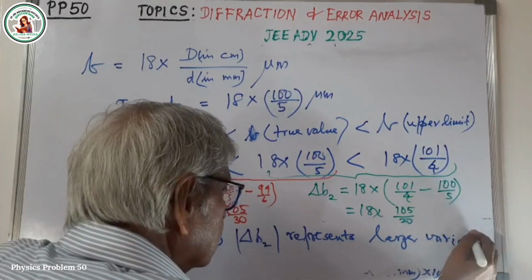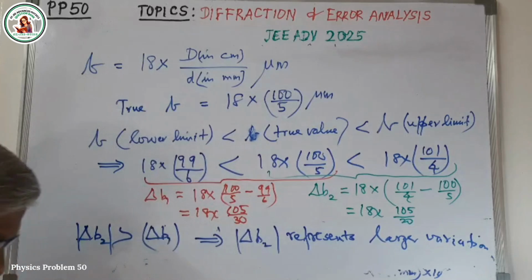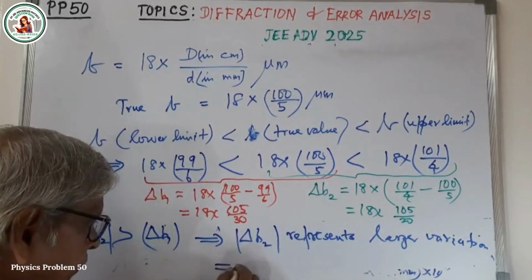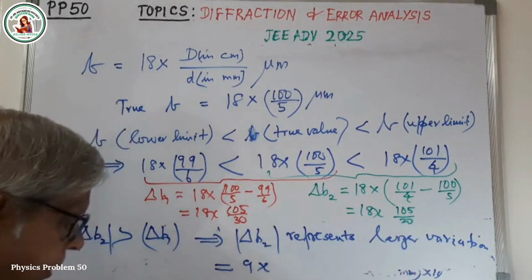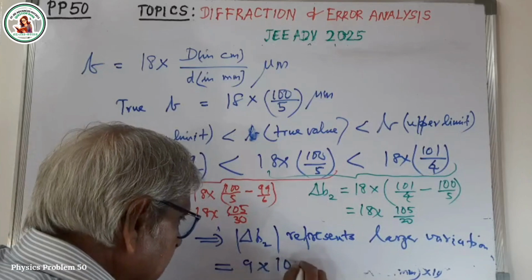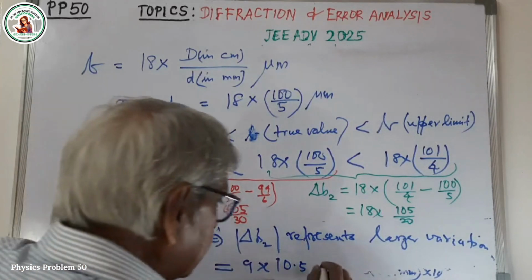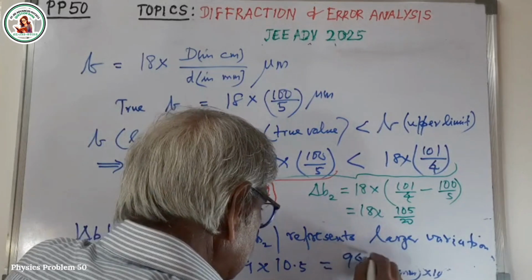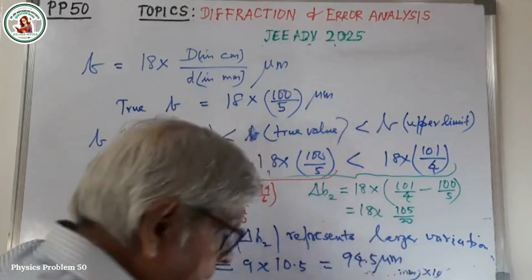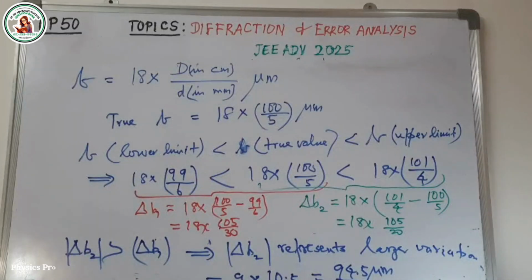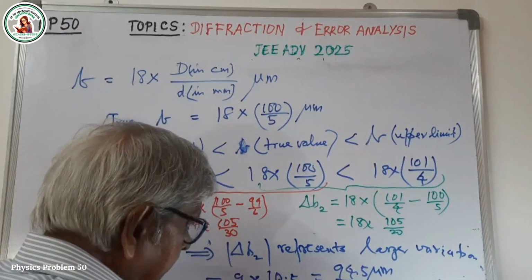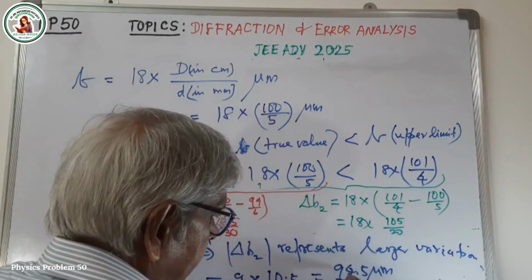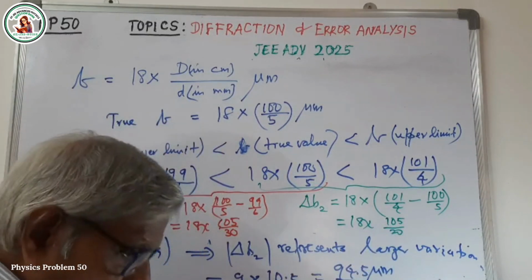It is equal to 9 times 10.5. Let me repeat the last step again. Delta B2 being larger, we are getting the value as 9 times 10.5, which gives us 94.5 micrometers.